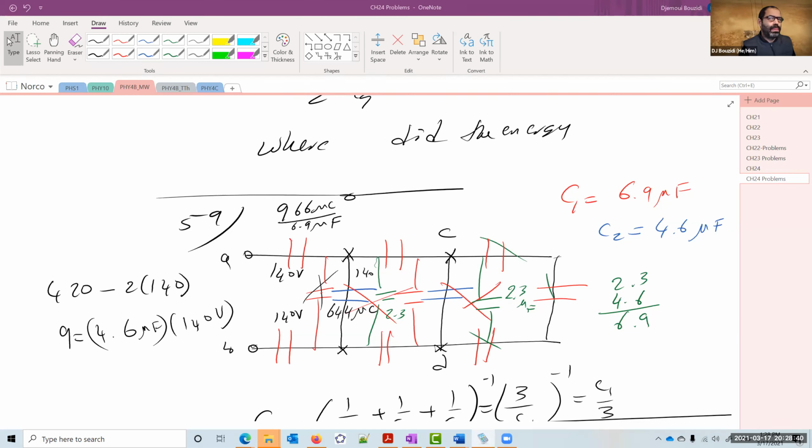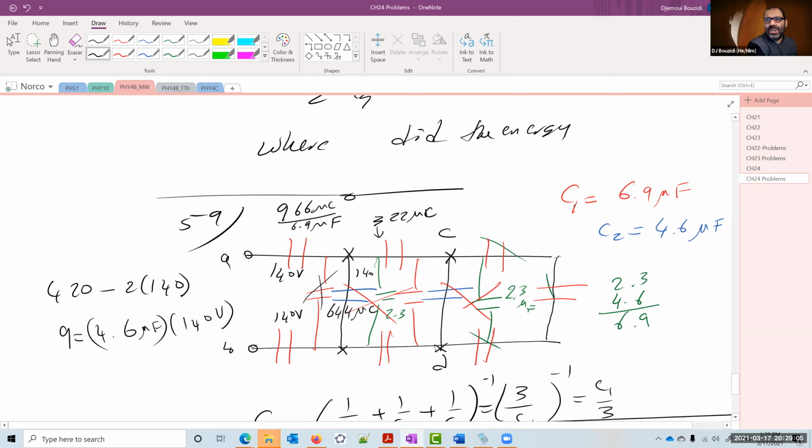I'm sorry, 966 minus 644. So there is 322 microcoulomb that went to this charge, which means there is another 322 that went to this charge. So I can find the voltage now, since I know the charge, Q, which is 322 microcoulomb.